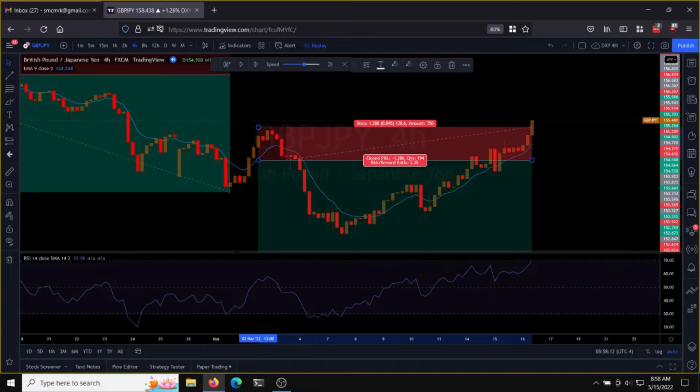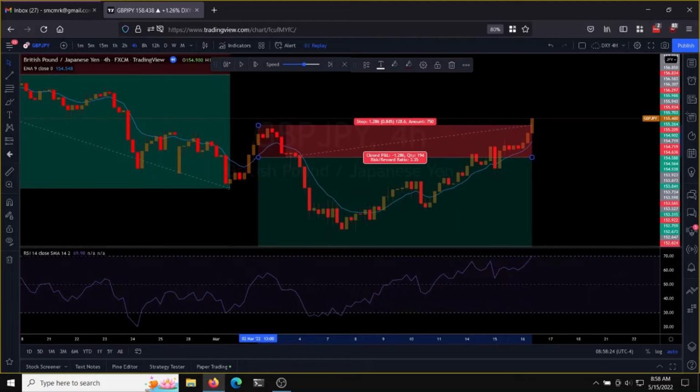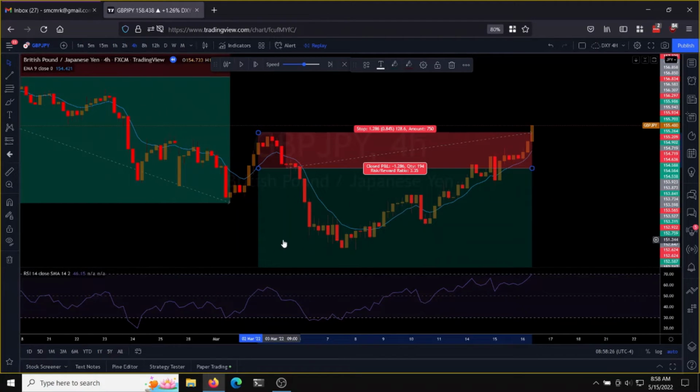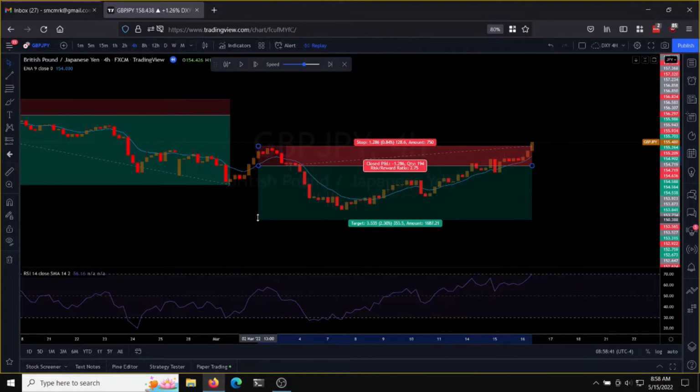So we'll reverse the trade here. Put a new trade box out here. All right, so that actually would have hit.